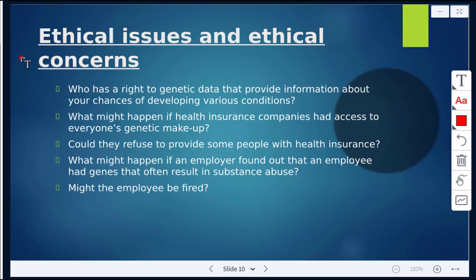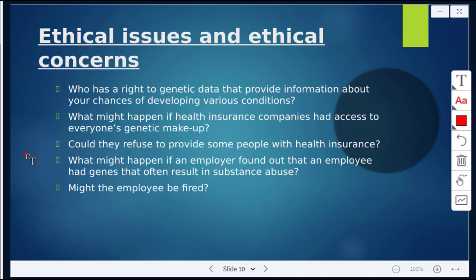All right, so continuing ethical issues and ethical concerns. Who has a right to genetic data that provide information about your chances of developing various conditions? What might happen if health insurance companies had access to everyone's genetic makeup? Maybe they will start refusing to provide some people with health insurance because they can see that they're predisposed to a certain disease.